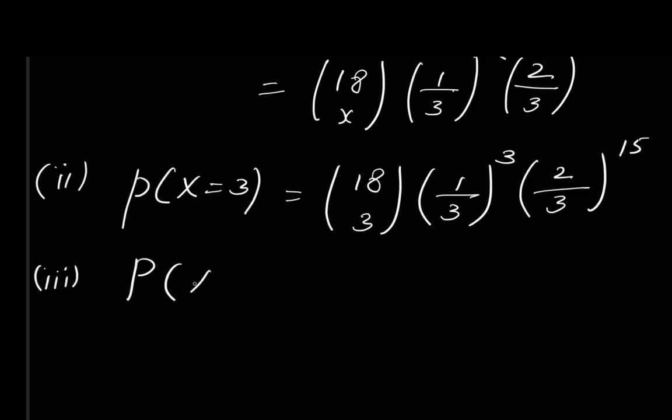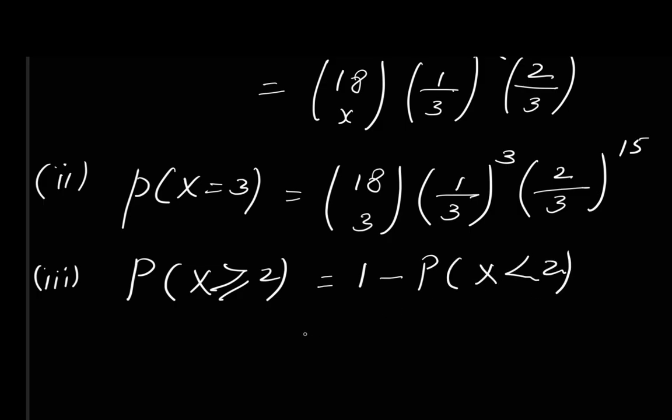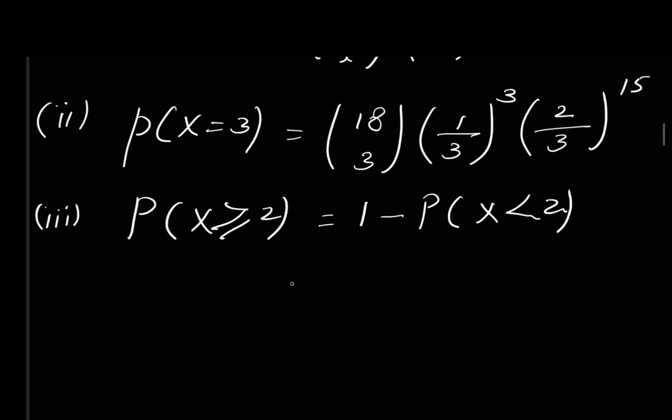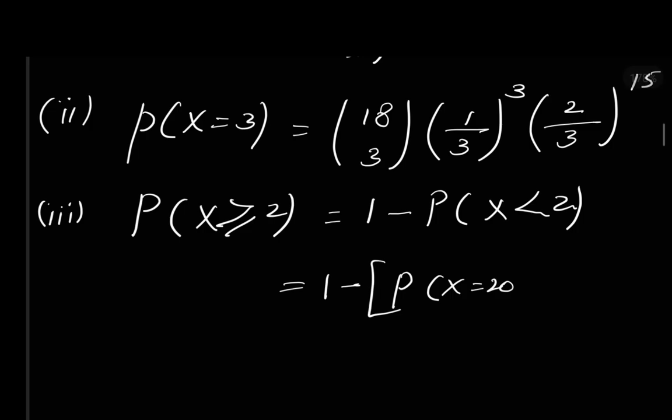Third question, P of x greater than or equal to 2. Because n is 18, x takes the values 2, 3, 4 up to 18. So we replace it as 1 minus P of x less than 2, strictly less than 2. So this is equal to 1 minus, P of x equal to 0 plus P of x equal to 1.